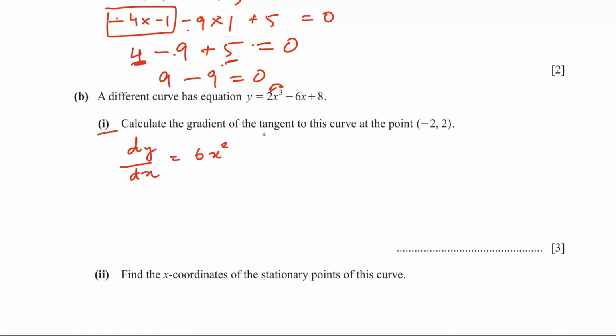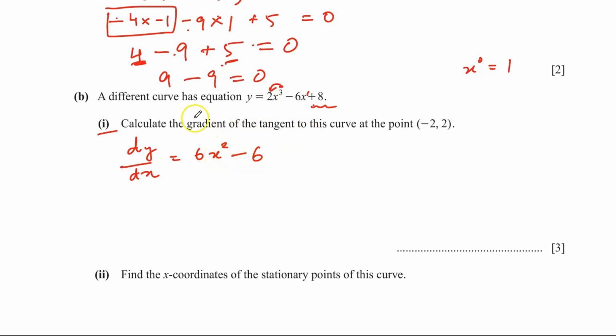Alright, 6x squared, and then the power of x is 1 over there, so multiplying 6 by 1 will give you -6, and when you reduce the power from 1 to 0, that is going to disappear because x to the power of 0 equals 1. And when we multiply with -6, that stays -6, and the constant term will just go away. So that's the derived function of the curve.